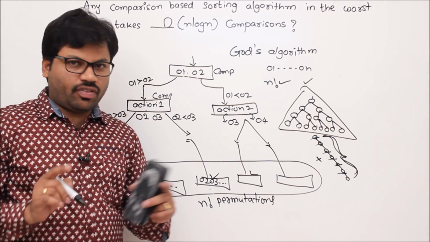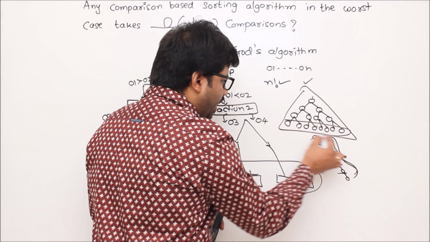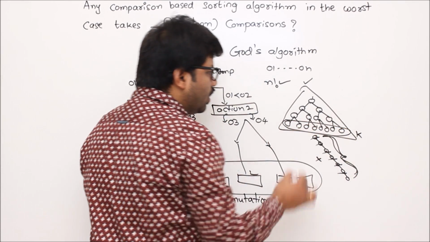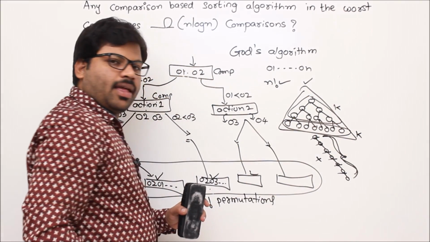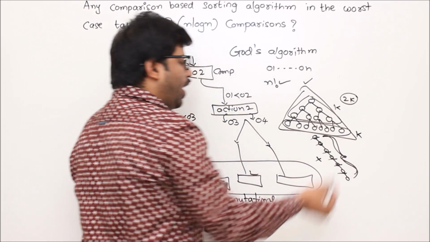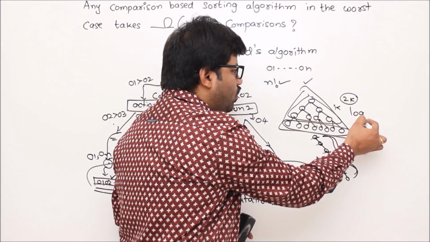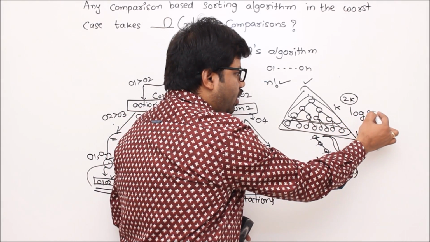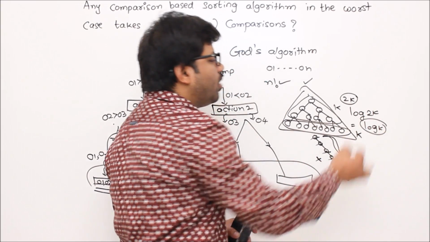Now one fundamental question is, in this kind of tree, if the number of leaves is k, then the other nodes will also be approximately k, so the total number of nodes will be 2k. And the height of this kind of tree is log of the total number of nodes, 2k. So log 2k is asymptotically log k. There is not much difference.